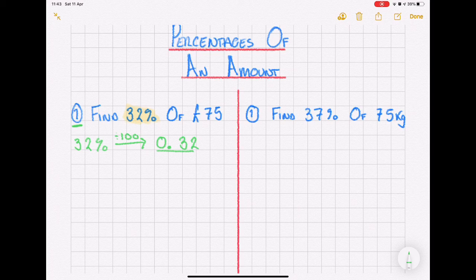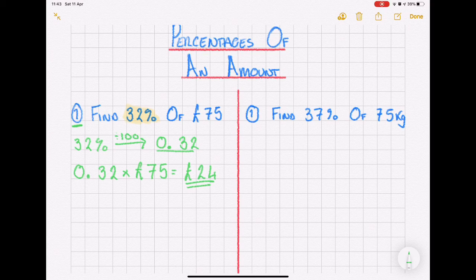So I get my 0.32 and I times that by £75. And you're going to need to do this on the calculator. If you type that into a calculator, you will end up with £24.